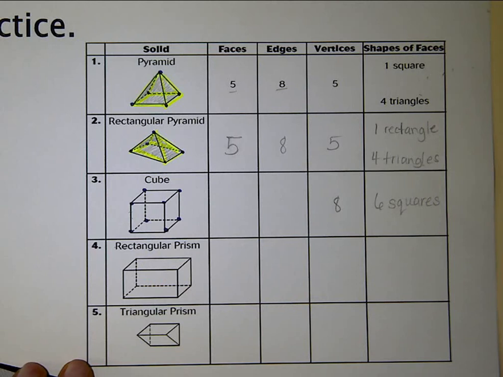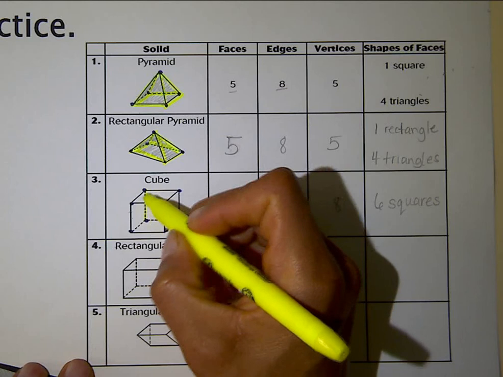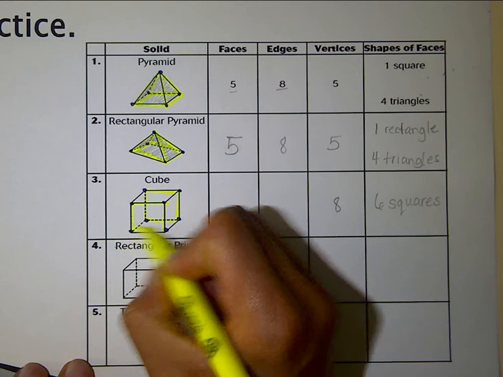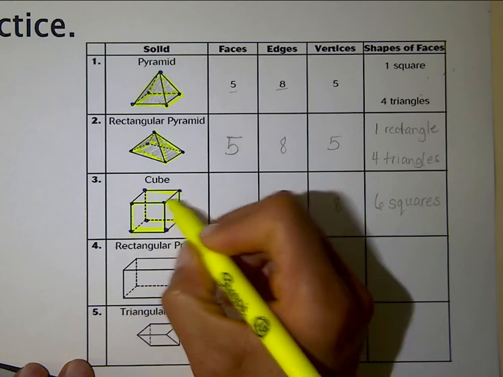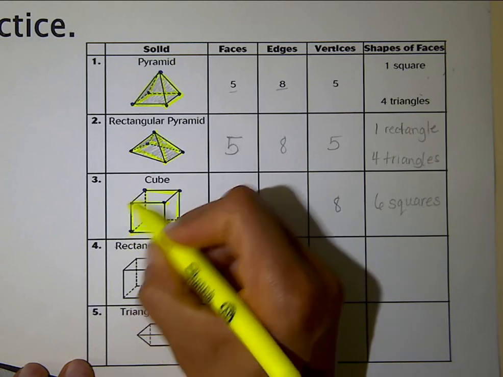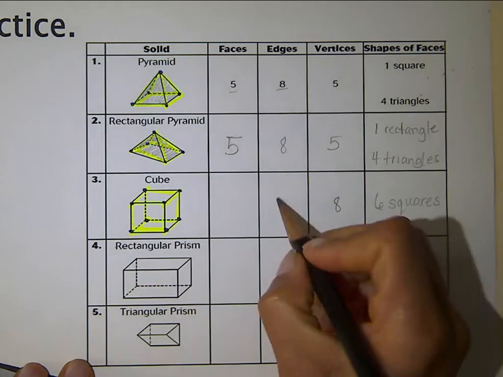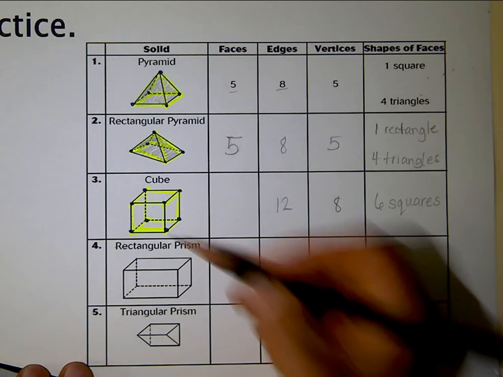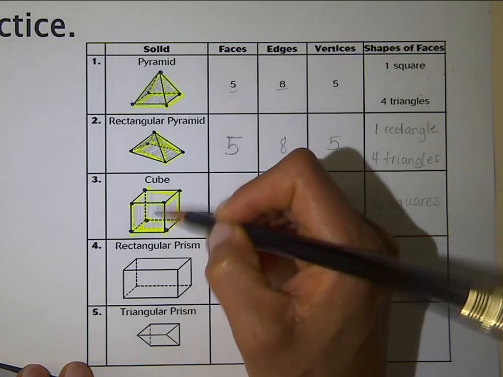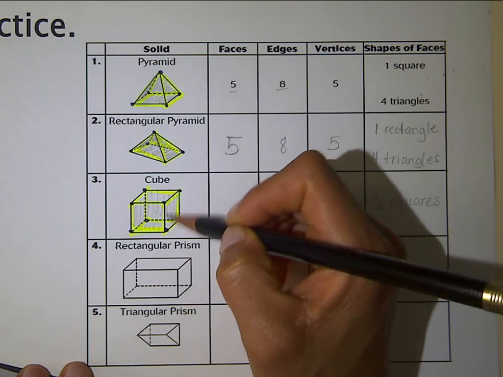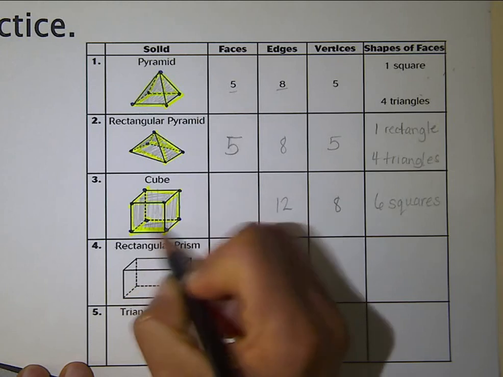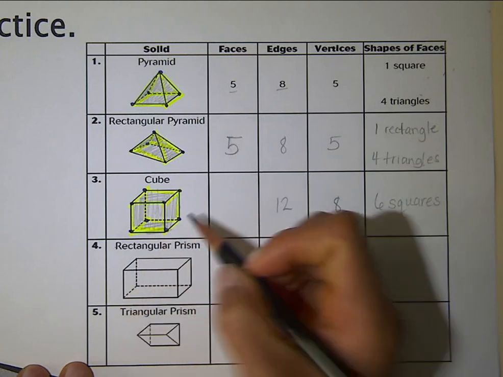And I'm using the highlighter to make sure I don't skip any edges. 1, 2, 3, 4, 5, 6, 7, 8, 9, 10, 11, 12. 12. Okay, now we're going to go ahead and count the faces. The front is 1, the back is 2, the side is 3 and 4, 5, and the bottom is 6. Okay, so the cube has 6 faces.